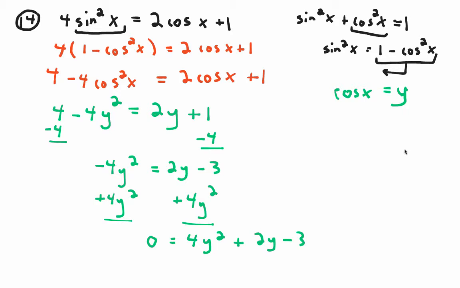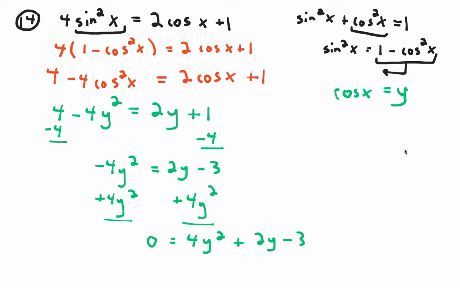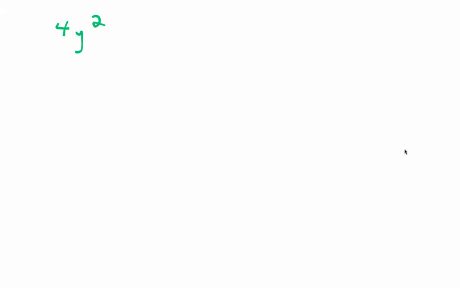Now let's bring this to the other side because I need more space. So we got 4y squared plus 2y minus 3 equals 0.